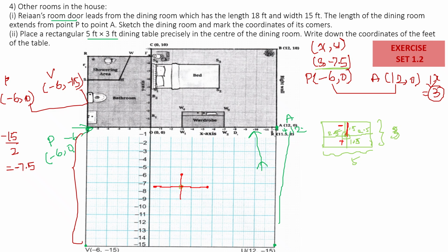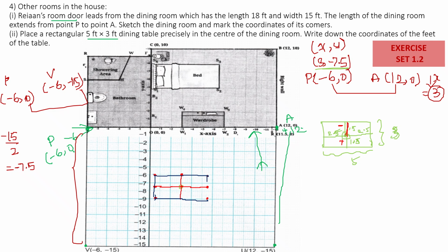Yeah, so you just go with the same thing. Here I can mark, and over here I can mark 1.5, and here 1, and here 1.5. Yes, so we located the four corners of the table. From this plus only we have located, right? So yes, now we can join it. Just join the dots. So we located the table properly at the center of the dining space.